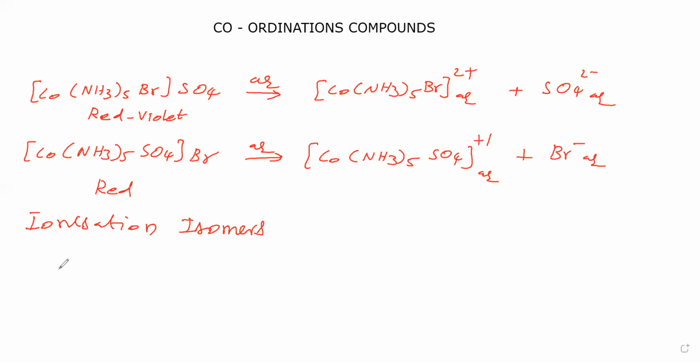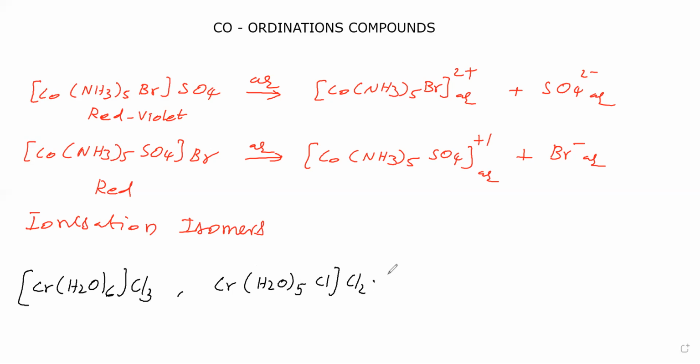Next, we will take [Cr(H2O)6]Cl3. This is one complex. We will take another complex, [Cr(H2O)5Cl]Cl2·H2O.